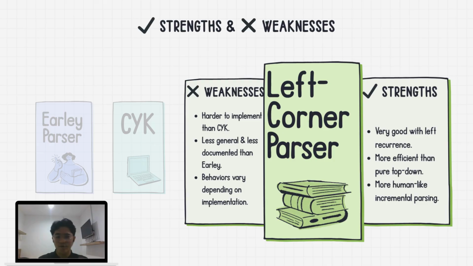The next weakness is that it is less general and less documented compared to Earley, so there are fewer clear guidelines and standard implementations. Finally, its behavior varies depending on how it is implemented, which can make debugging and consistency more challenging. That's all about the strengths and weaknesses of the left corner parser.